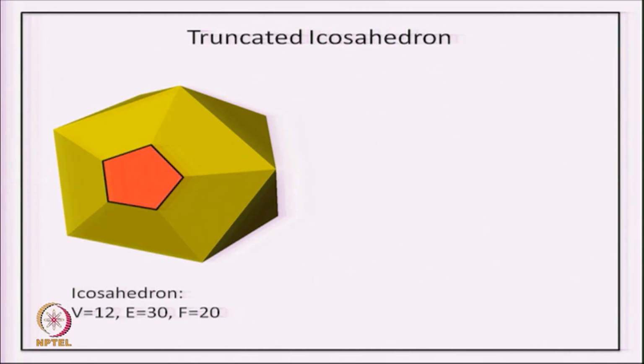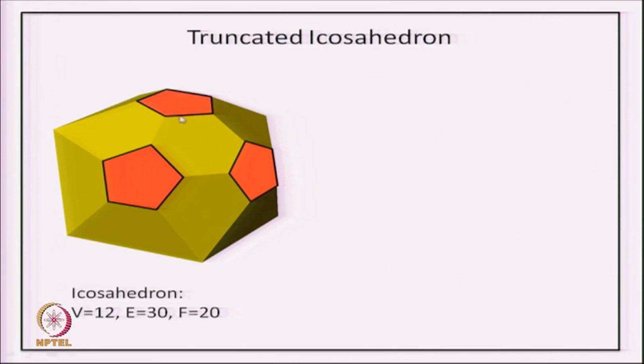Instead of the vertex of the icosahedron, I now have 5 new vertices at the corners of this pentagon, and a pentagonal face. I do this operation for all other vertices. If I chop off the second vertex, I again get a pentagon, and if I chop off the top vertex, I again get a pentagon there.